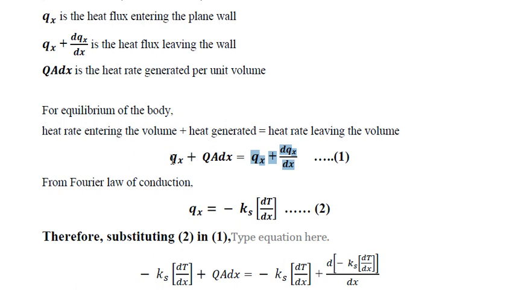But we have studied in the last class that Fourier's law of conduction for heat flux is given by Qx is equal to minus K of surface into dT by dx. What is this K?